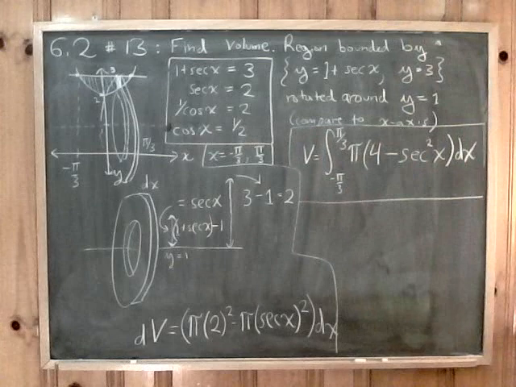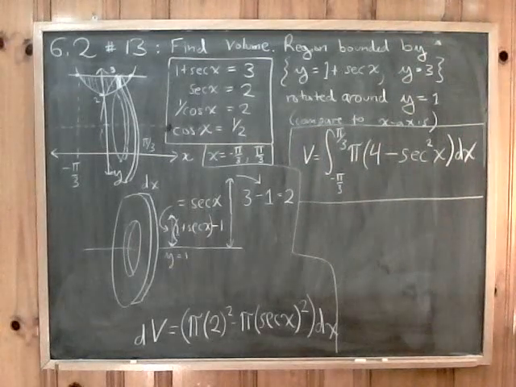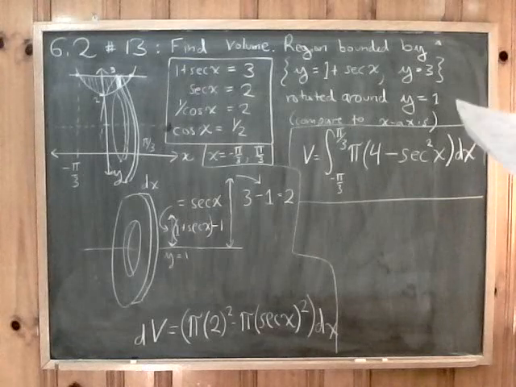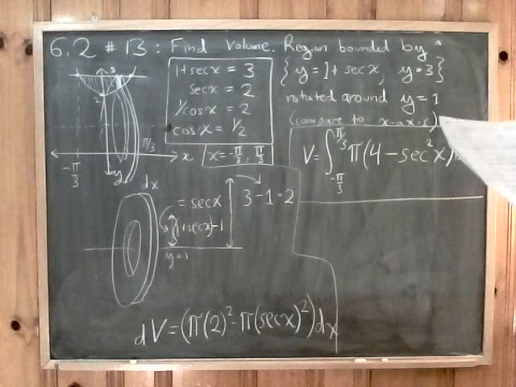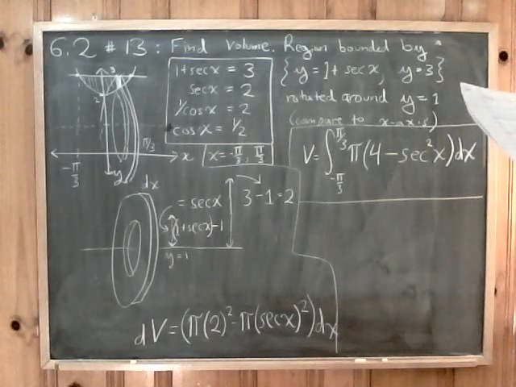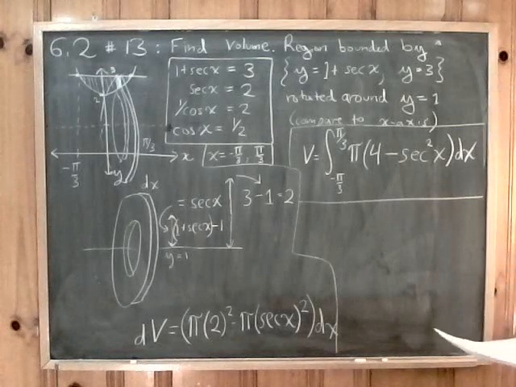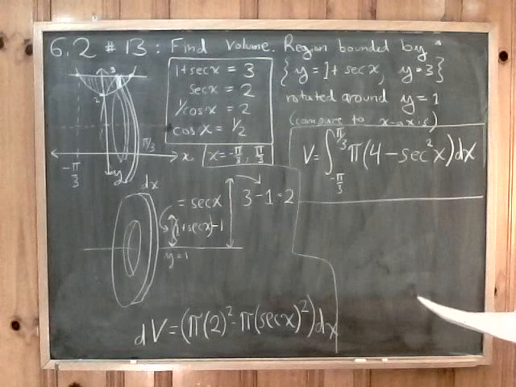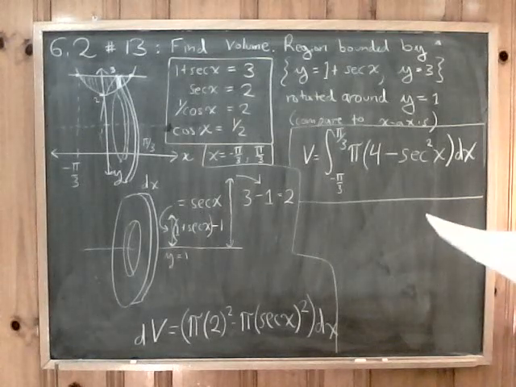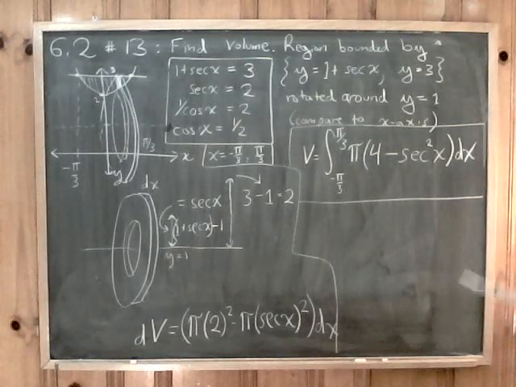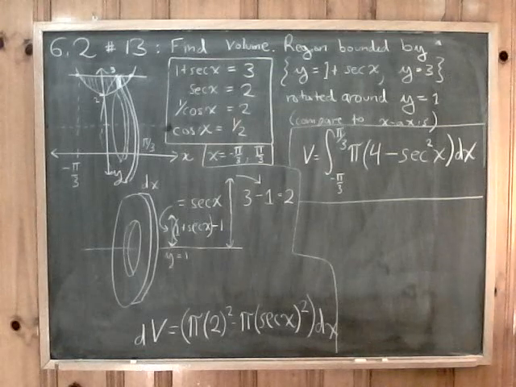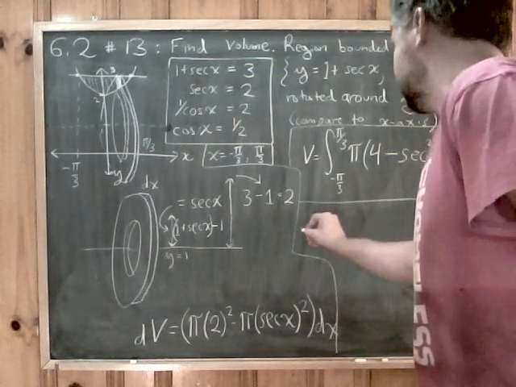And I'd like to go ahead and do that integral as well. It actually is a pretty fun integral to do, because there's a secant squared, and that's a familiar derivative. It just comes from tangent. So we can pull out the pi, and then 4 becomes 4x.